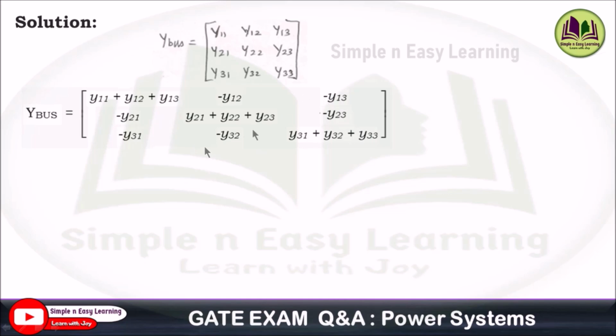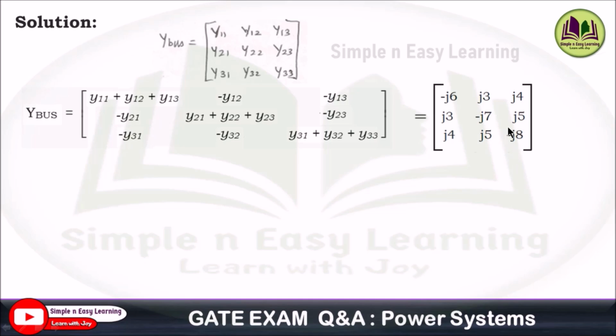Similarly, all the off-diagonal elements are represented as negative, and the given values are minus j6, j3, j4, j3, minus j7, j5, j4, j5 and minus j8. So we need to concentrate only on this y33.